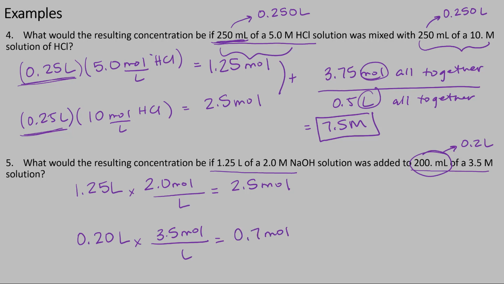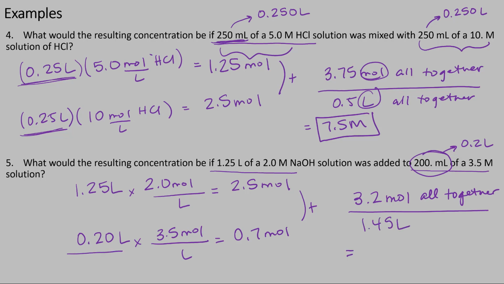So altogether, we have 3.2 moles. And then the volume altogether is 1.45. So my molarity is going to be 2.2. So really all you're doing is you're finding the moles of each of the solutions, taking the liters of each of the solutions, adding them together, and then dividing the total moles by the total liters.